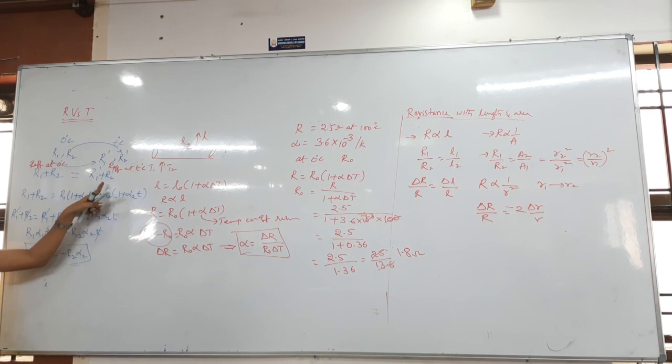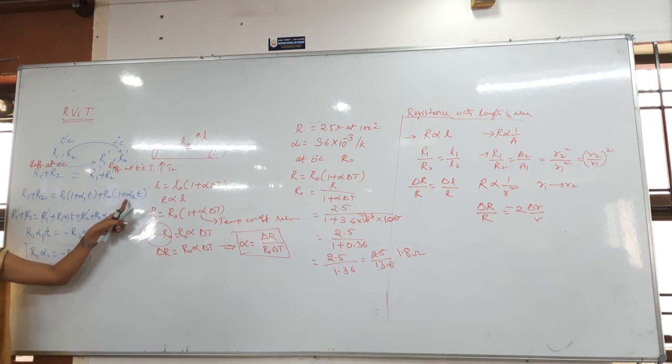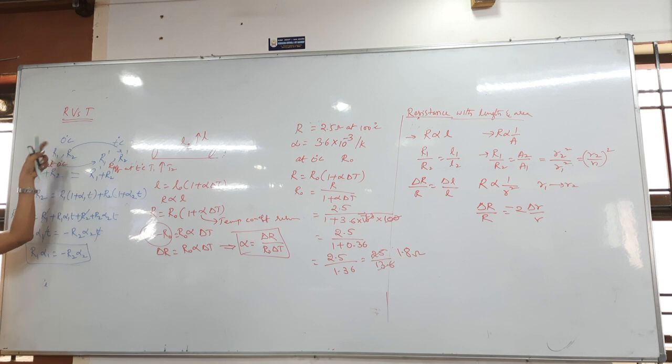Plus the second one, R2 dash is equal to R2 into 1 plus alpha 2 into the rise in temperature, again T minus 0 only. Then I substituted and cancelled everything. We got R1 alpha 1 is equal to minus R2 alpha 2. Very, very important.